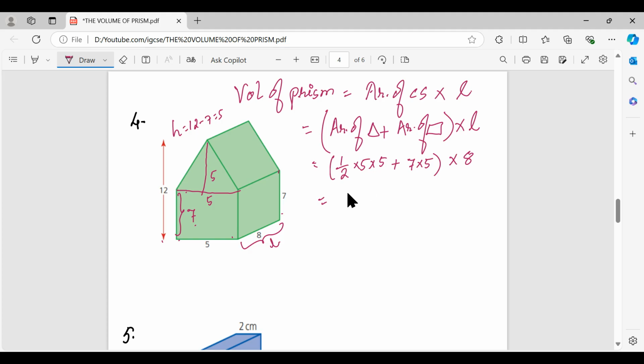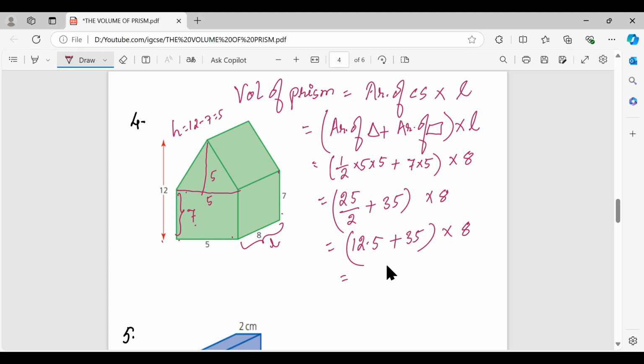Now we can write 25 over 2 plus 35, times 8. Better we convert 25 over 2 into decimals. So we have 12.5 plus 35, and the whole times 8.